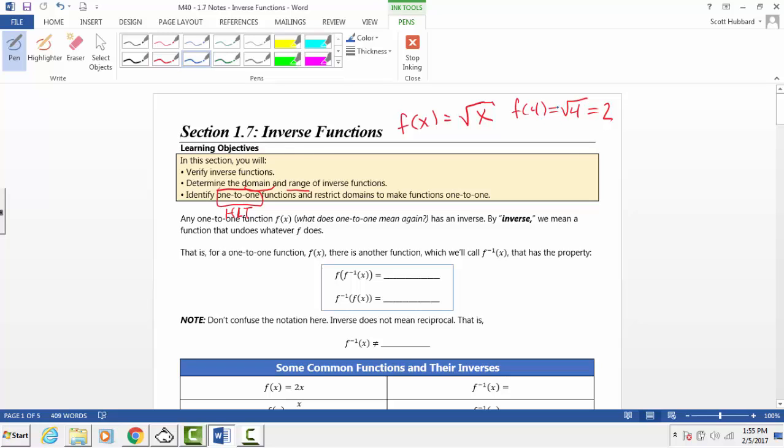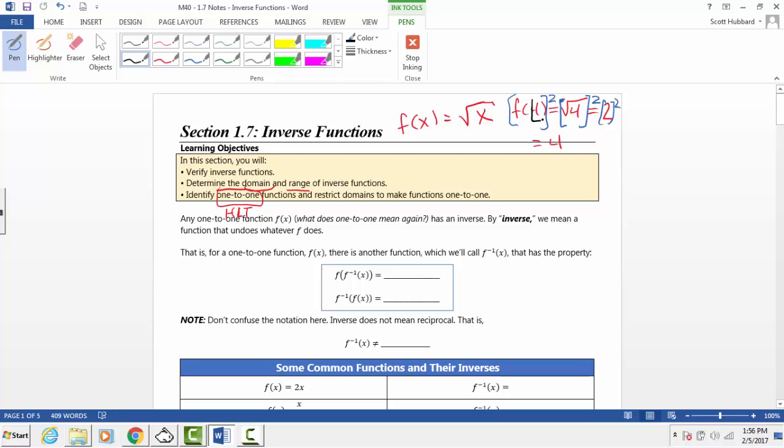An inverse function is something that will kind of undo what your function did to a number. And so you can kind of see already what is the inverse, the thing that undoes a square root. Well, if I just put a little 2 power right there, if I square the function here, then that's going to square 2, and that's going to give me back 4.